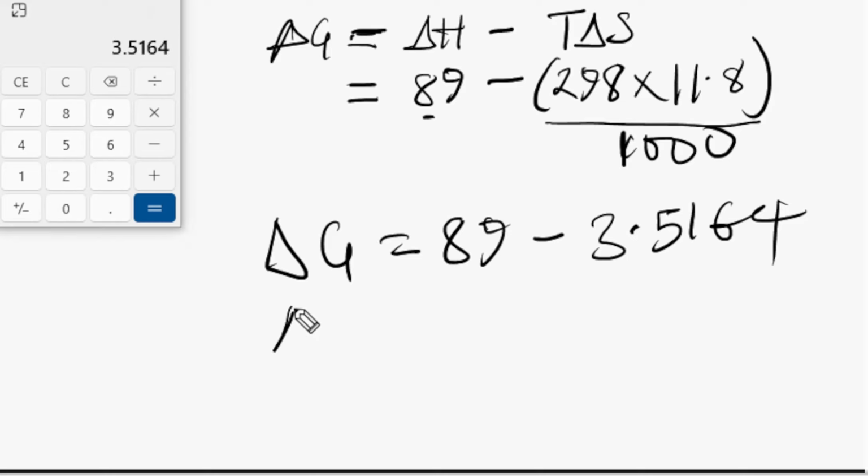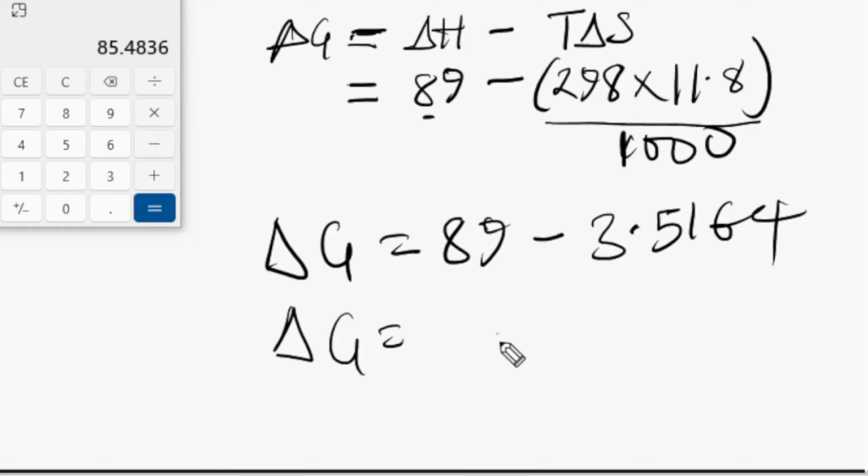So the next thing is, let's subtract this. So let's see what we'll have here. We're going to do our 89 minus 3.5164, and that's 85.48.